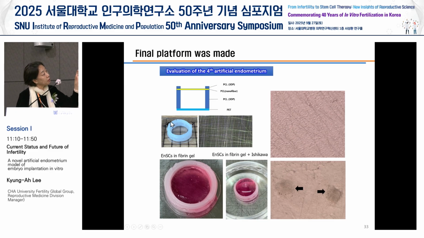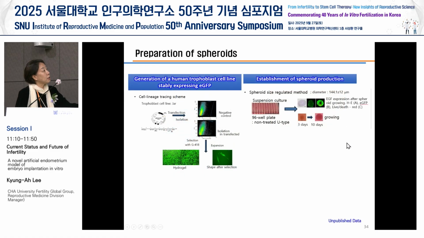This is the simple scaffold, with stromal cells filled in fibrin gel under the network mesh, and then we added the Ishikawa cells on top of the mesh. With that final scaffold decided, the spheroids were added.